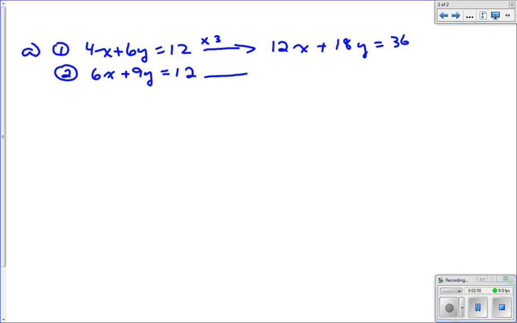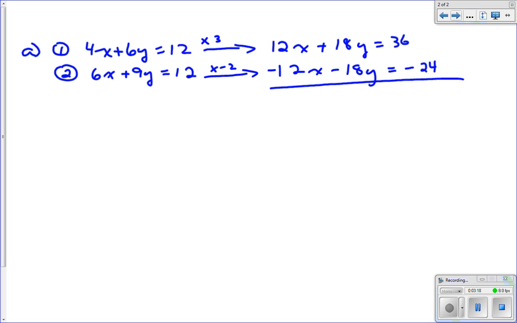And the second equation I'll multiply by negative 2, and I'll have then negative 12x minus 18y, so that these are now equal and opposite and will be eliminated, equals negative 24.